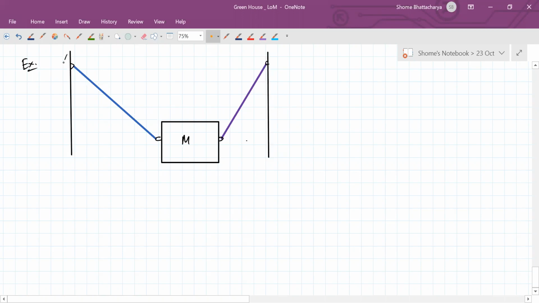So these are two rigid walls, and we have this kind of situation. Now this angle is given to us as, let us say, 60 degrees, and this angle is given to us as 30 degrees.